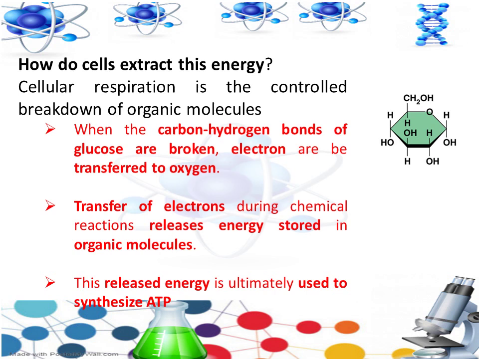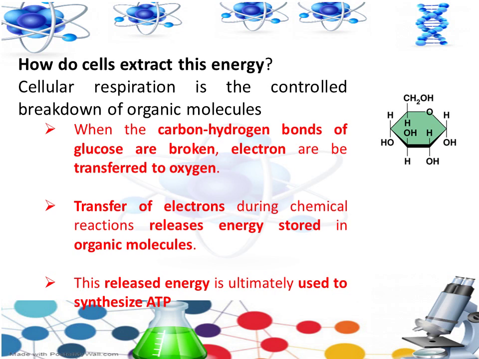Okay, the transfer of electron during the chemical reactions will release energy stored in this organic molecule, and this released energy is used to synthesize the ATP. So these 3 points are very important.